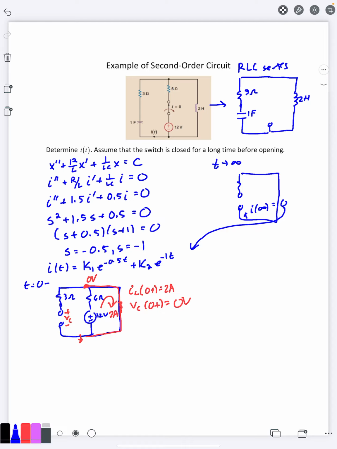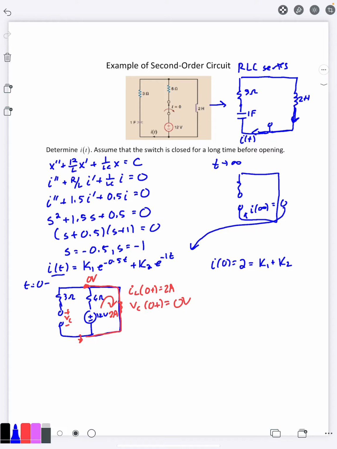Now, let's double check that this I of t is really the same as the IL. Well, IL is coming down here, and I is over here, and it's in the same direction. So that means my I of 0 is going to be 2, which if you plug it into our formula, the e parts, e to the 0 goes to 1, so 2 is equal to K1 plus K2.